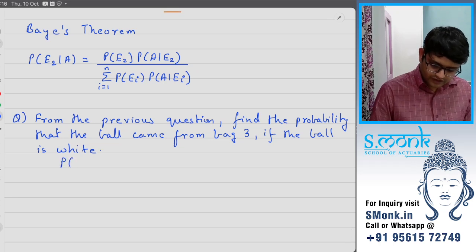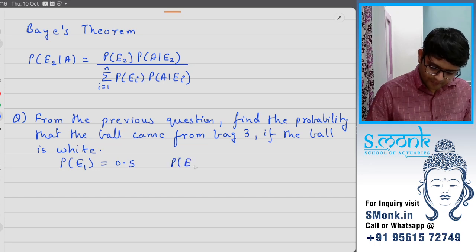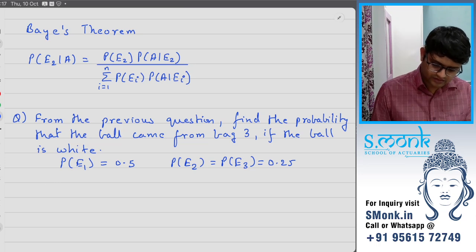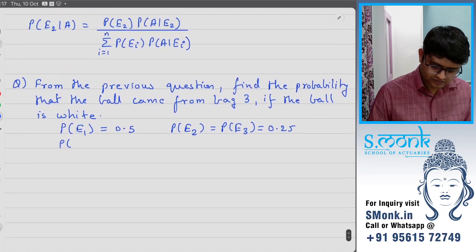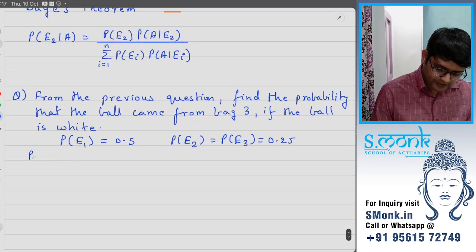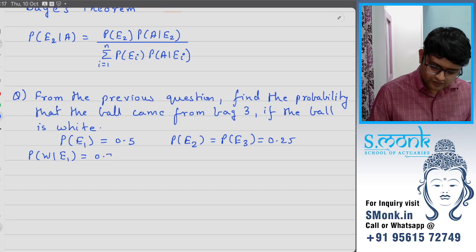So again, for the given information, we had probability of E1 is 0.5, that is half. E2 and E3 were the same, that was 0.25, and probability of getting a white ball given E1 was 0.7.